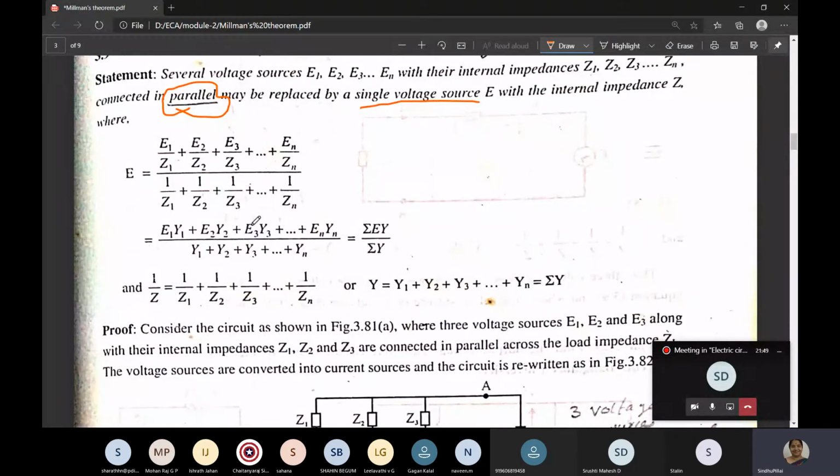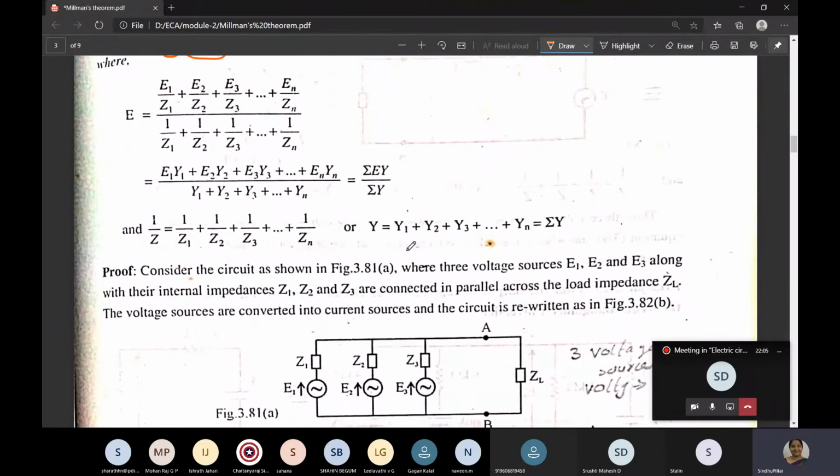All put together in summation, we get summation EY divided by summation Y. Y is nothing but admittance. If they give impedance, we take admittance here. That is the formula: summation EY divided by summation Y. And 1 by Z is what? It is 1 by Z1 plus 1 by Z2 and so on, all put together to get 1 by Z.